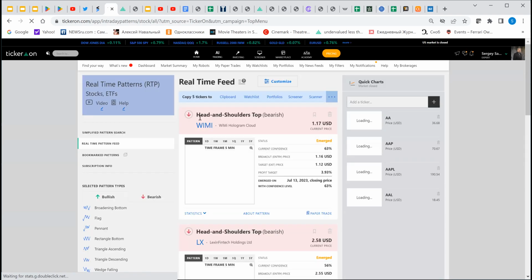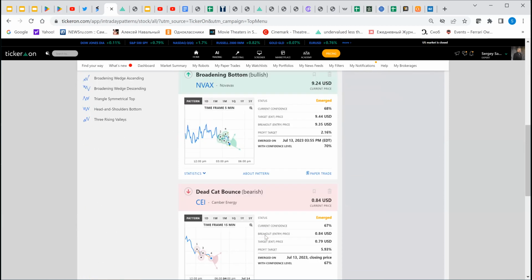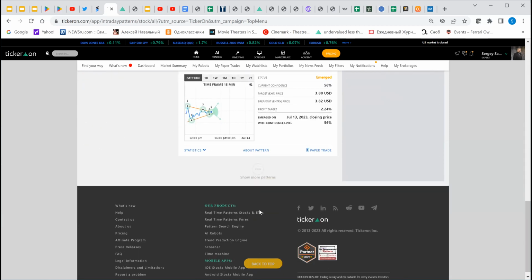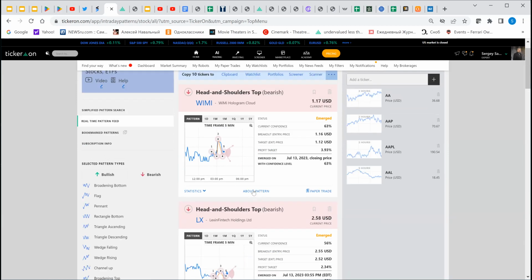And what we see is the feed right away, okay? So that feed is generated, you see, real-time feed is generated as if it is like a Facebook type of feed, and we are giving here a feed of all the patterns which are being found in real time, by the way, okay?